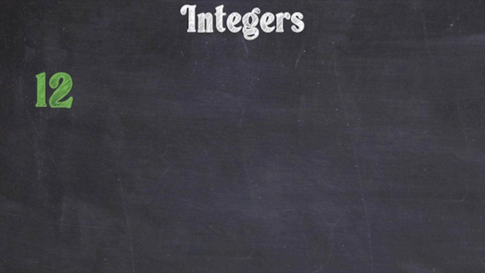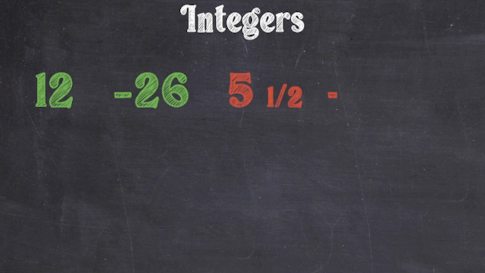Let's think of some examples and non-examples of integers. 12 is an integer because it is a natural number, also called a counting number. -26 is an integer because it is the opposite of a natural number, 26. 5½ and -0.99 are not integers because they are neither natural numbers nor opposites of natural numbers.